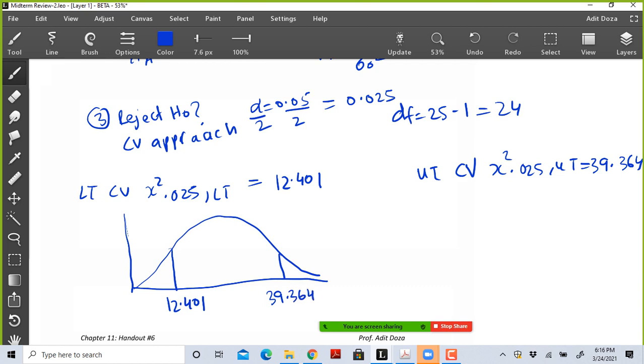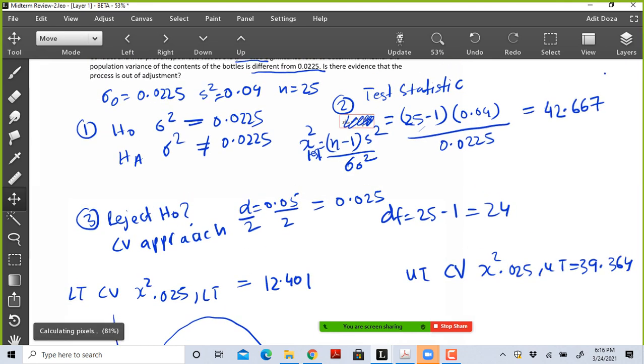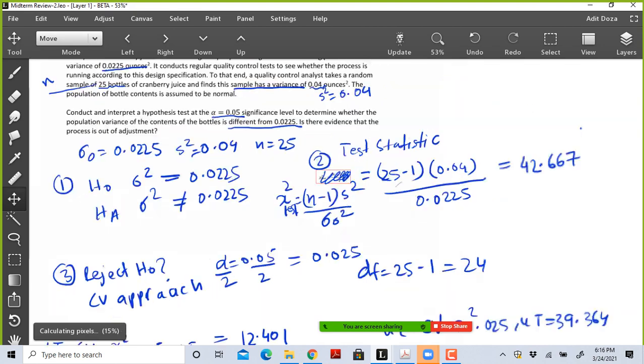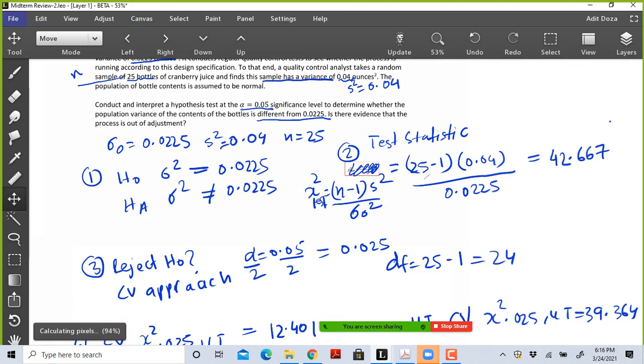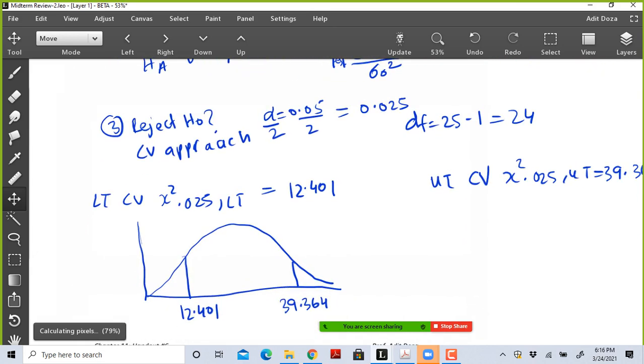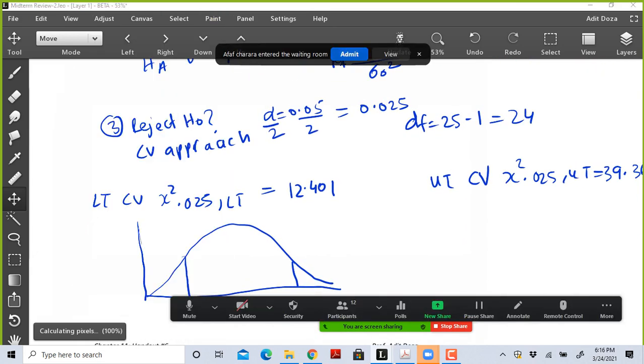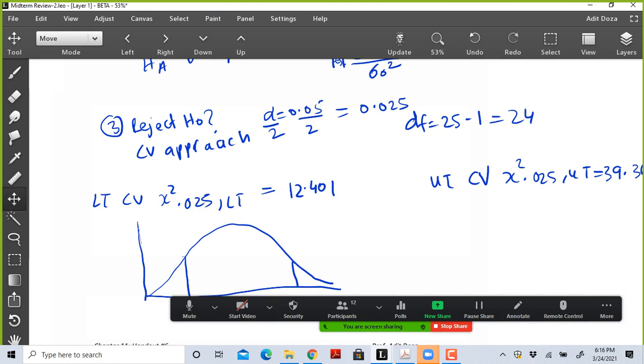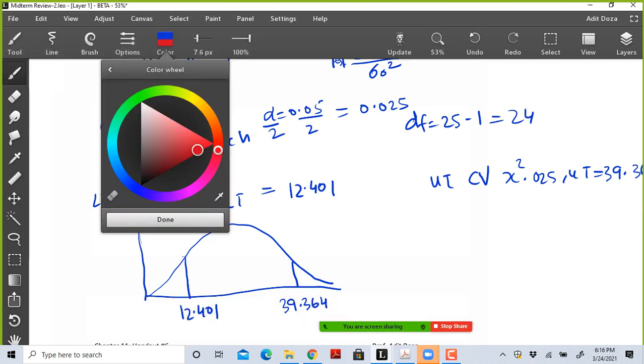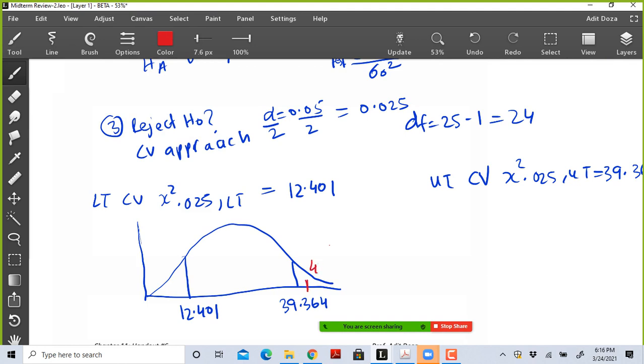And what is our test statistic? 42.667. Let's use a different color. So our value is here, 42.667, right? So we know that this is the rejection area, and this is the rejection area.